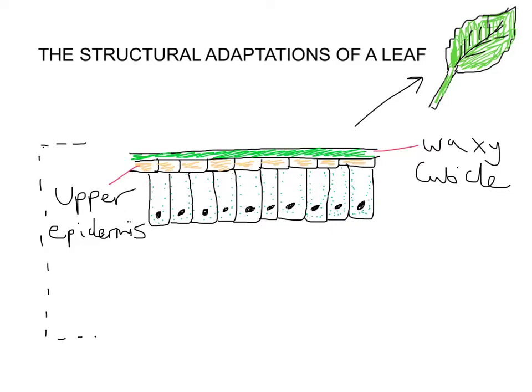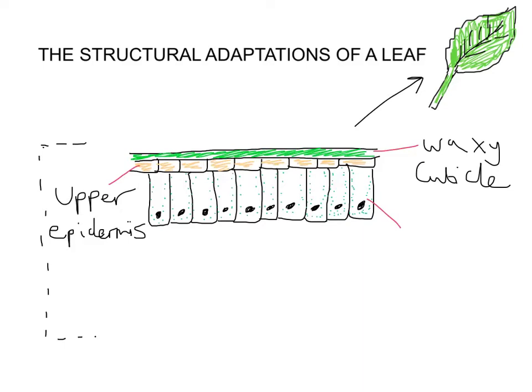So what we've drawn here is a layer of palisade cells. These are long and thin cells packed with chloroplasts that contain chlorophyll. And their job is to provide a large surface area for the absorption of light. And by having them densely packed in, it creates a short diffusion distance for gases.